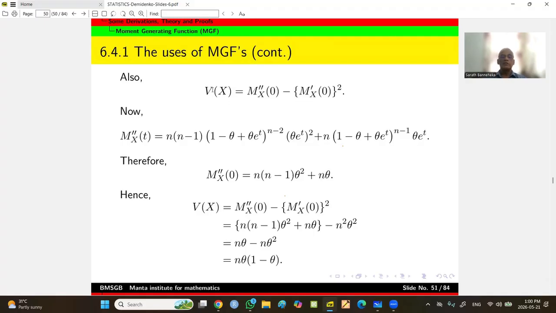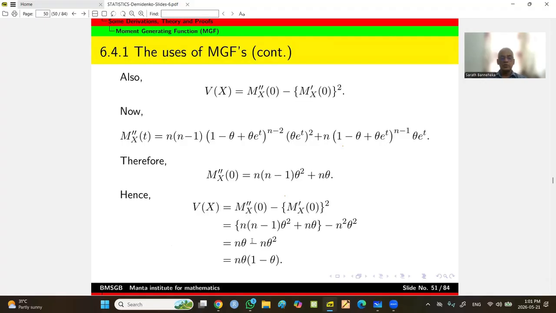We know that the variance is equal to the expected value of x square minus the expected value of x, whole thing square, right? So that means the variance of x is equal to this term, which is the expected value of x square, minus the expected value of x, which is this one, the whole thing square.